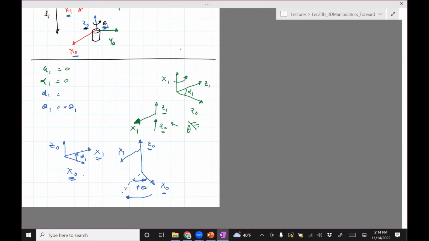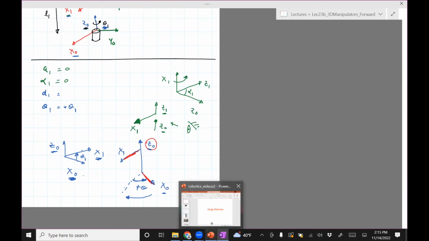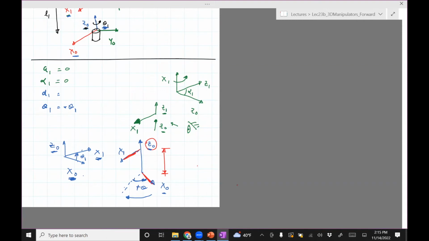And the fourth parameter is the distance d1. This is the distance between x0 and x1 along z0. So that is the distance between this axis and this axis about the z0 axis. You can see that distance is nothing but L1, so d1 is L1.